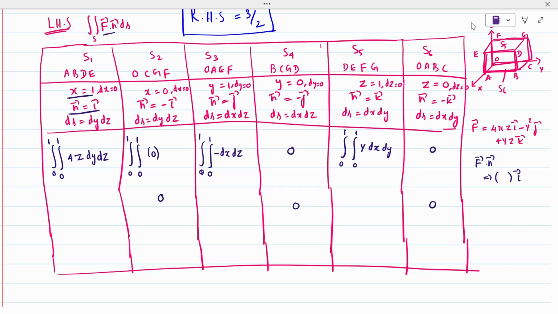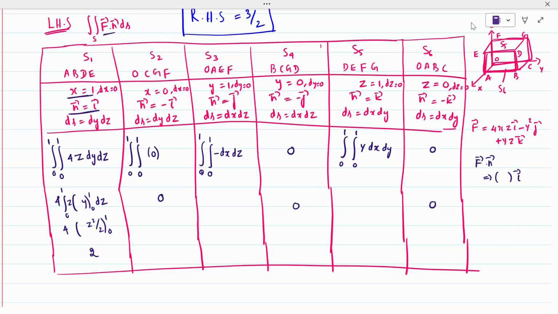When I integrate it, 4 is constant, 0 to 1. When I integrate with respect to y first, 4z as it is. So y when I integrate, y 0 to 1 dz. Okay, so 4 again integrated with respect to z, so z squared divided by 2, 0 to 1 when I substitute, so 1 by 2, so I'll be getting the answer 2.